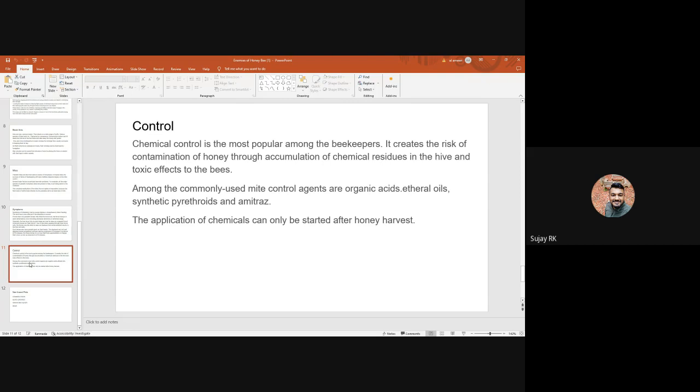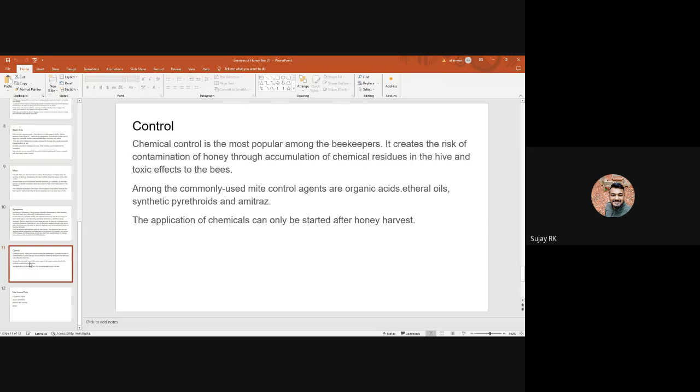It is rare that most beekeepers use these. They always try to manage the pest or insect attacks through physical control measures only, rather than chemical treatments, because over time the chemical treatment may affect the health of the honeybees as well.